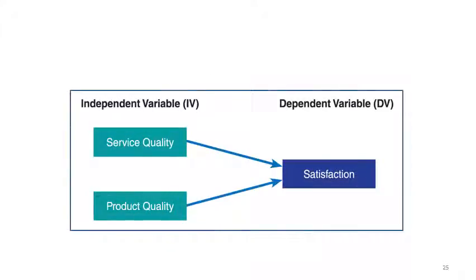So this is a sample of what we mean by theory. We know that for service quality and product quality, the higher the quality, the higher we get in terms of our satisfaction. So this is an example of what is called regression causation.